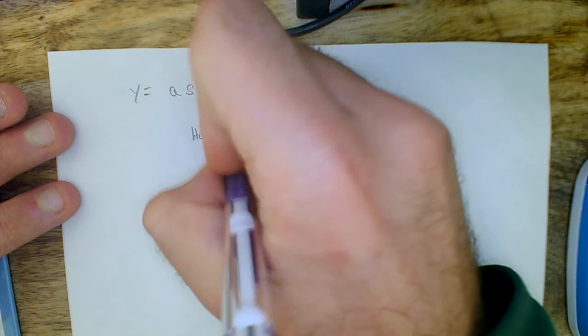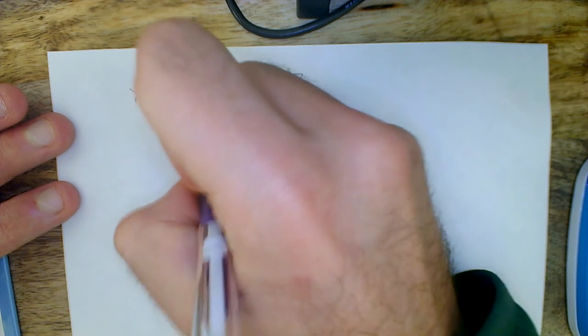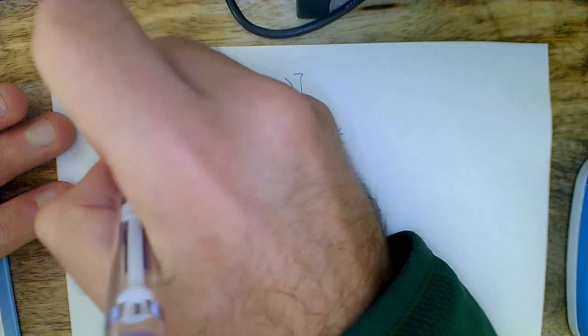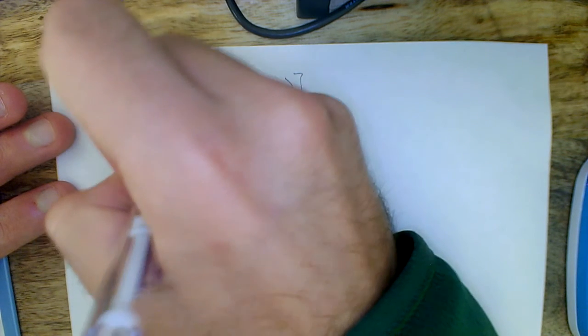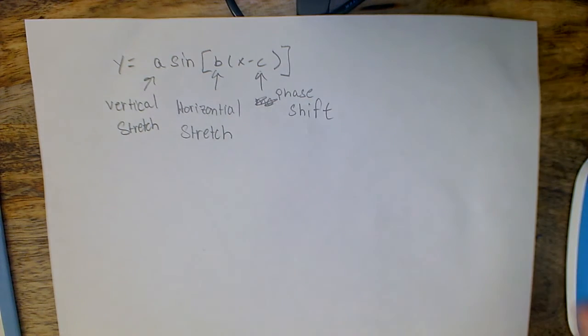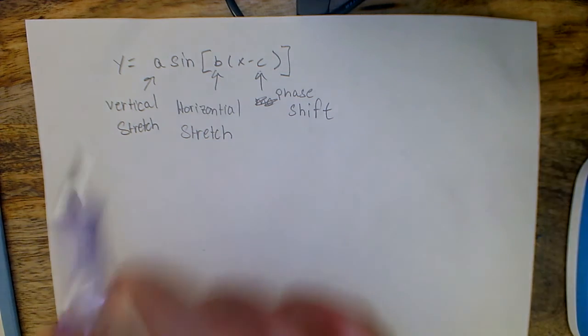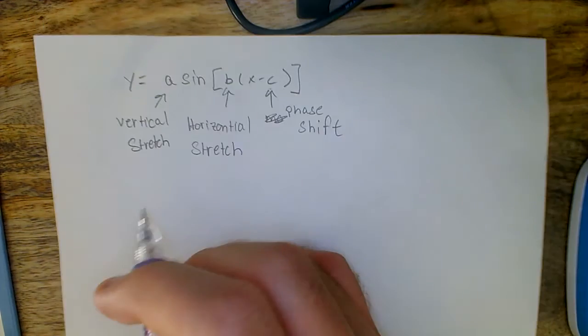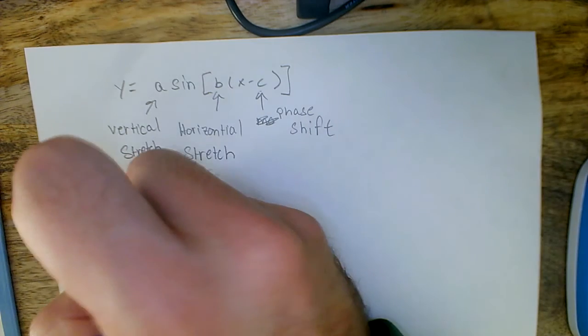This is the horizontal stretch, and this is the vertical stretch. Okay, so let's do an example where we have a value for all three of these things.